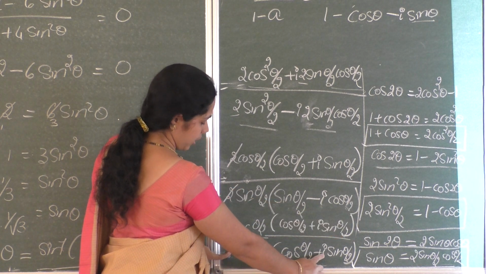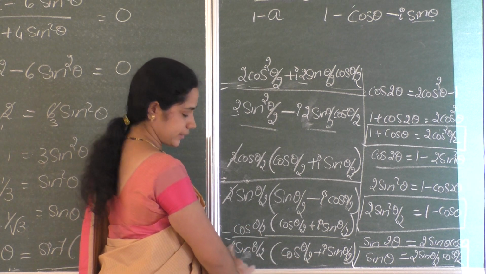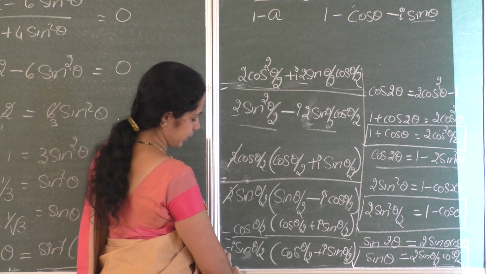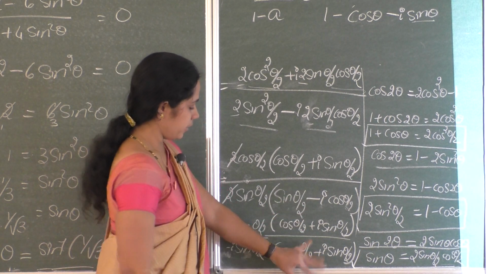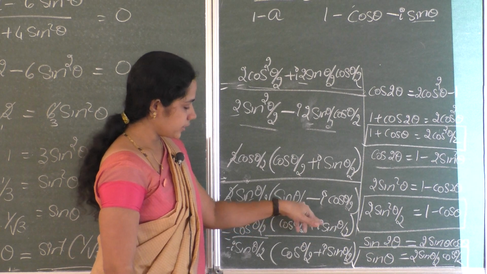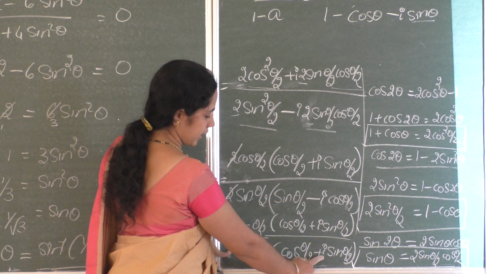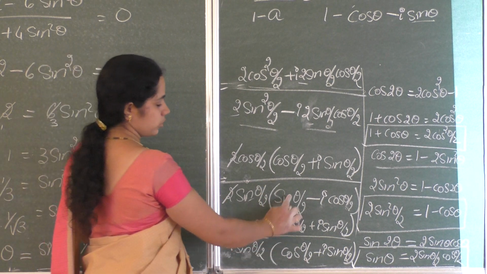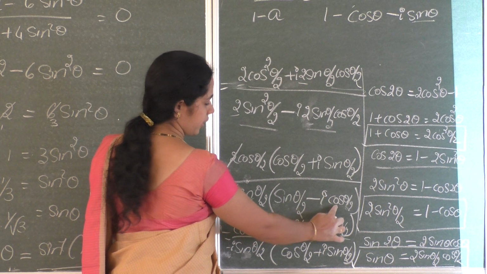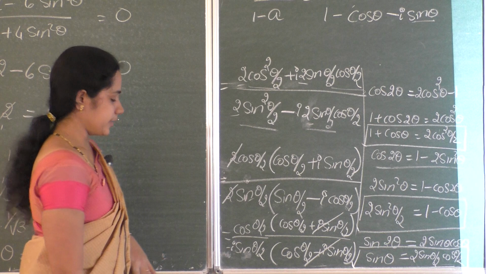Minus, here I into I is I square, into minus, I square is minus 1, into minus becomes plus sin theta by 2. It becomes sin theta by 2 minus I cos theta by 2. This is the same, cancels here.